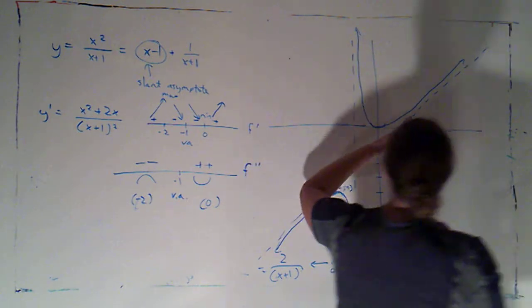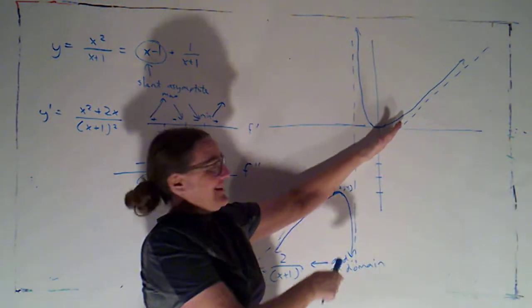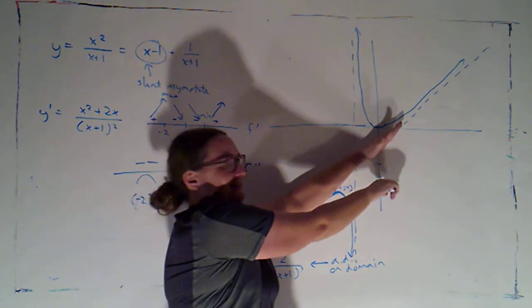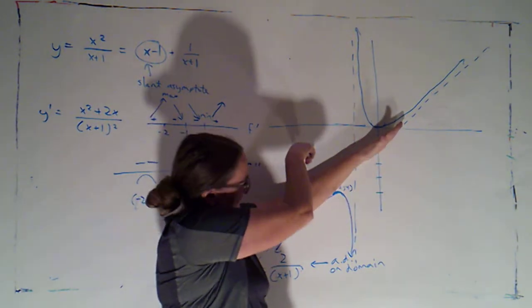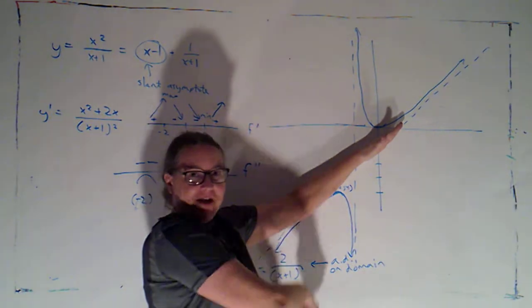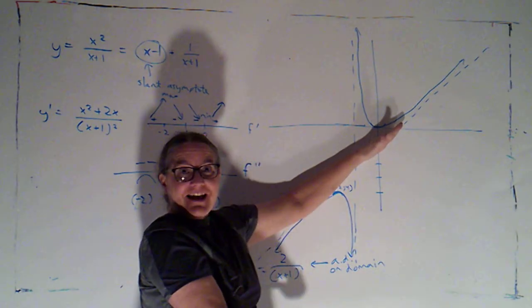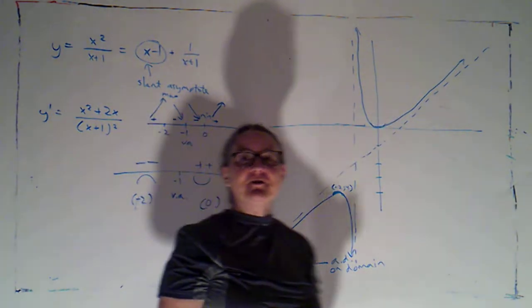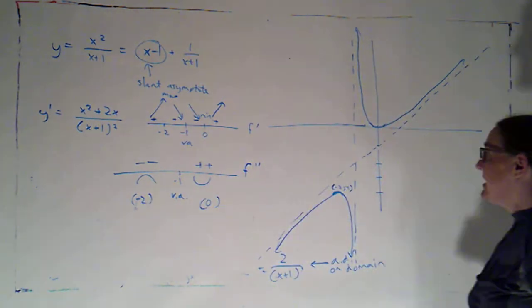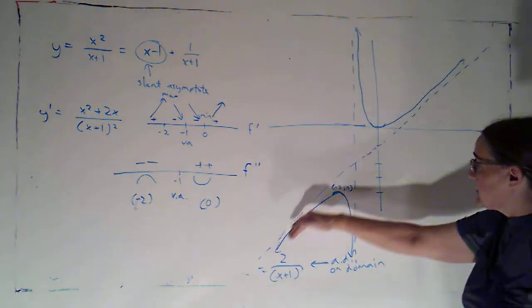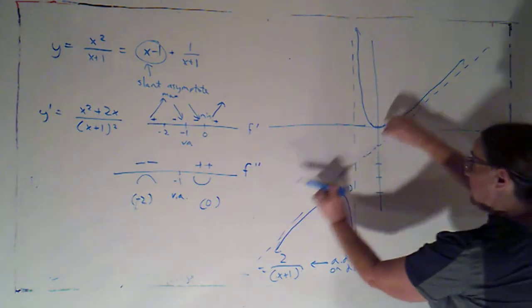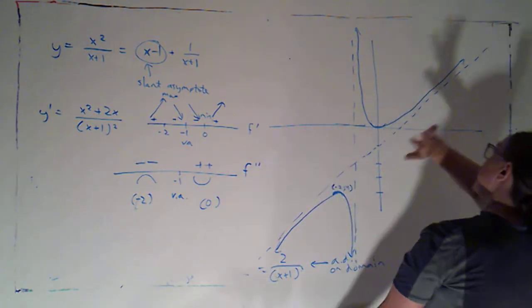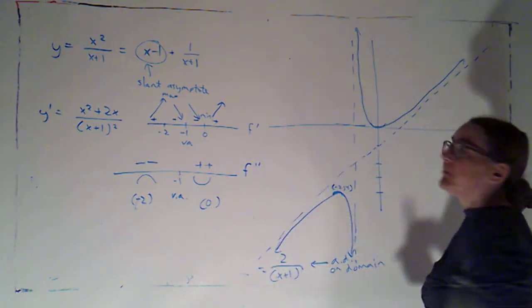But with a slant asymptote, I do not want to think of what happens to the left of it and what happens to the right of it, because I can easily, if I have something both to the left and to the right, they could end up above each other and I could fail the vertical line test. So don't think of a slant asymptote as doing anything other than giving you the end behavior as you go really far to the right and really far to the left.